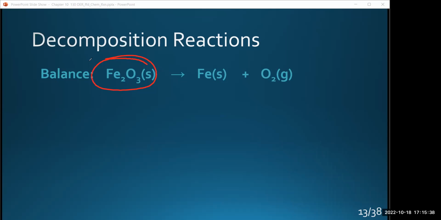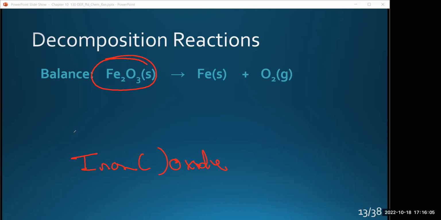So you have to convert that into the formula. So what would I call this? Fe2O3. Obviously, it's iron oxide, right? But it's not a variable. It is a variable oxidation metal, so we have to figure out what oxidation state of the iron we're using.